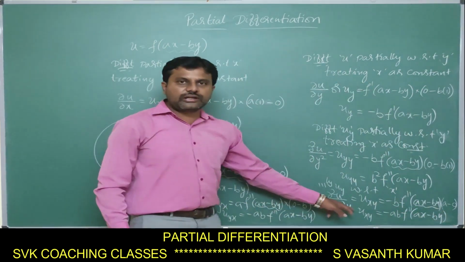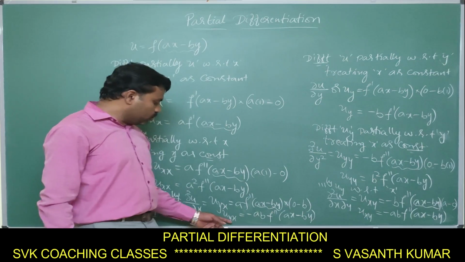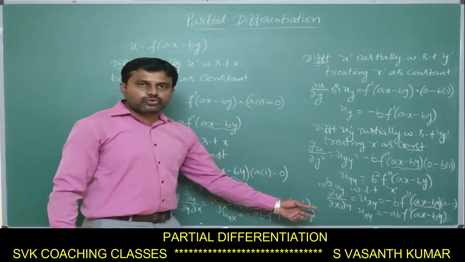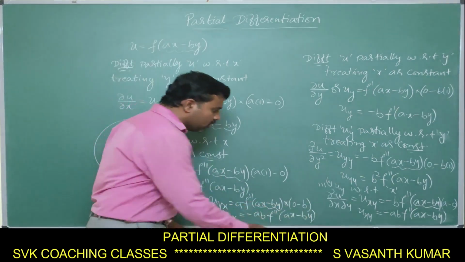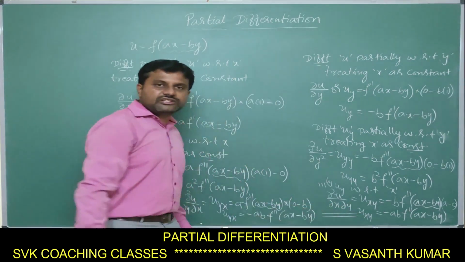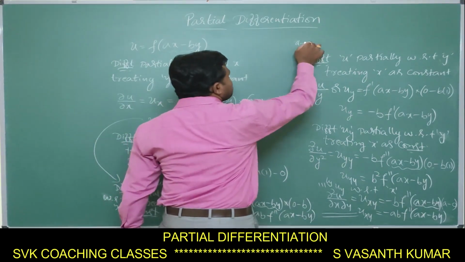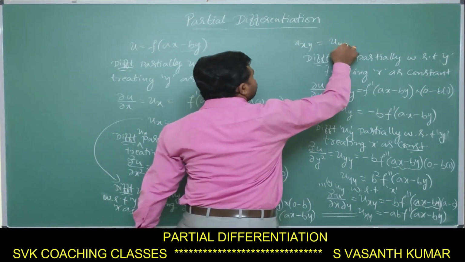So finally I came to the conclusion that, observe uyx and uxy, the values of uyx and uxy are one and the same. That's why we can say that uxy is always equal to uyx.